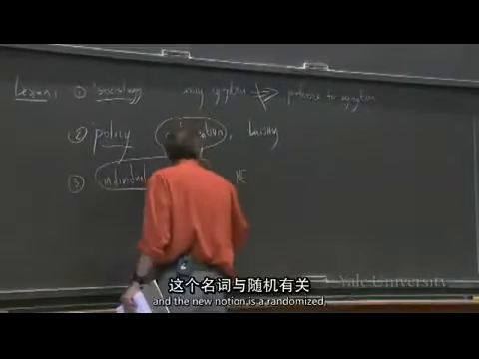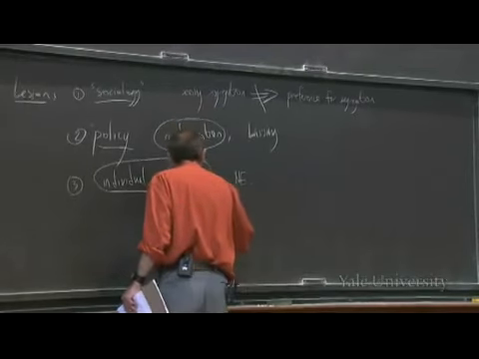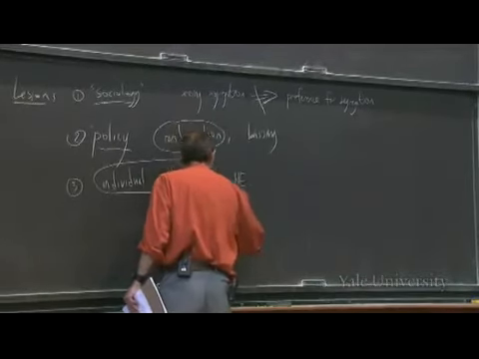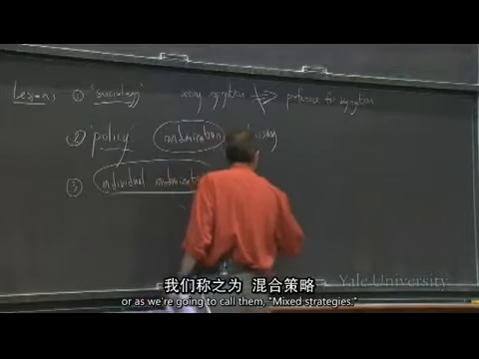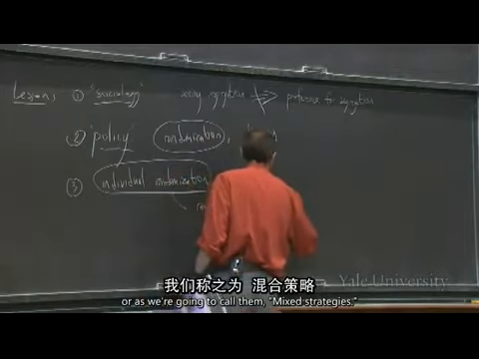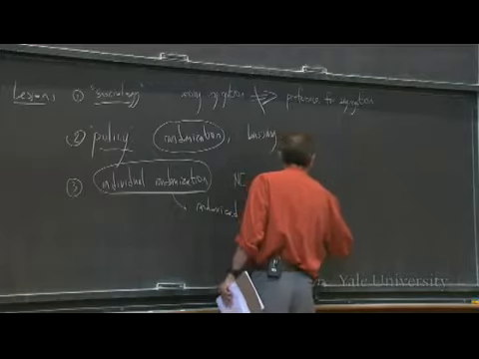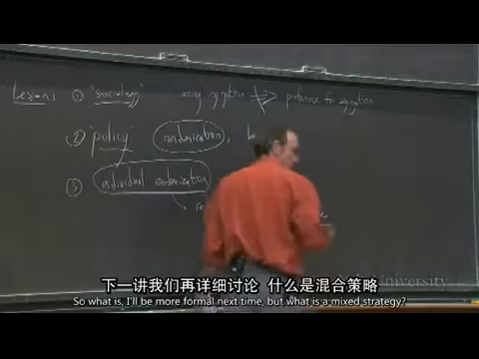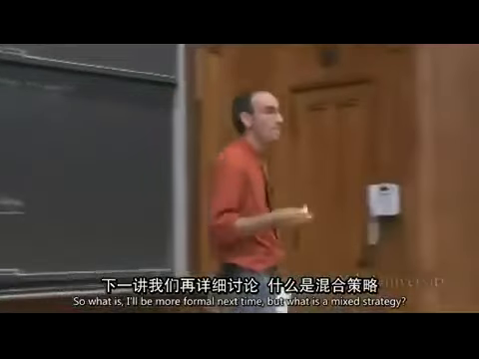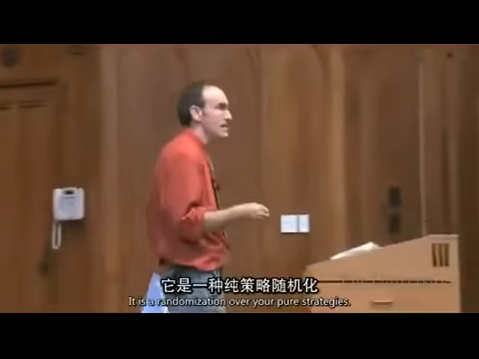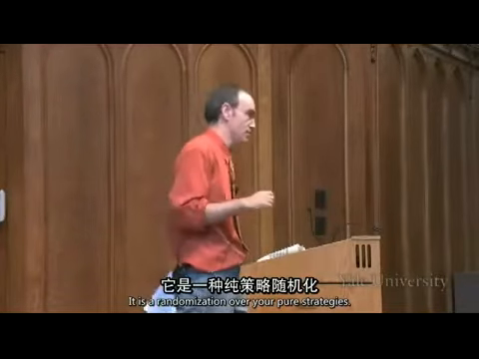And the new notion is a randomized, or as we're going to call them, mixed strategies. I'll be more formal next time, but what is a mixed strategy? It is a randomization over your pure strategies.